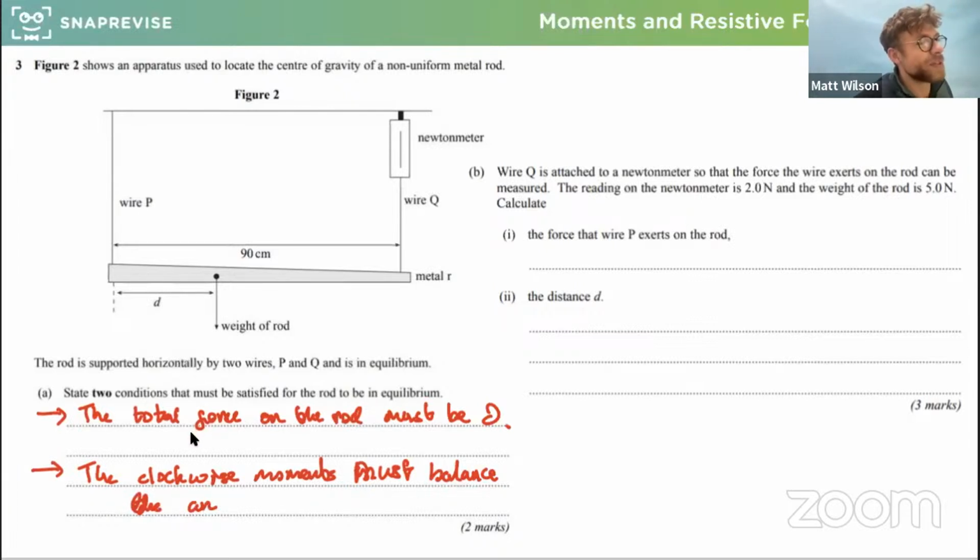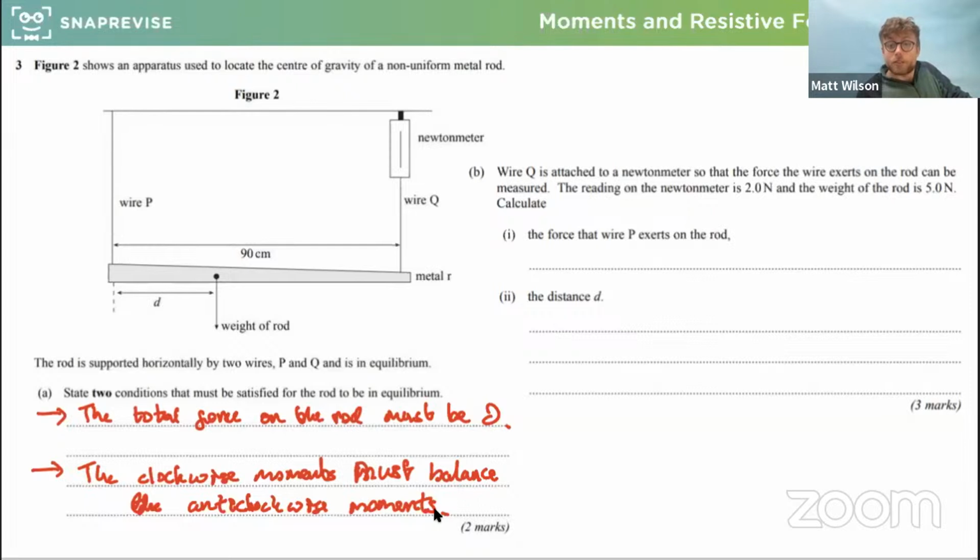So sum of clockwise moments must be equal to the sum of anti-clockwise moments. Perfect. Nice one. So if someone tells you for now an object is in equilibrium and they don't qualify that any further, you may assume that that means both that the total force is 0 and that the total moment is 0. Okay.